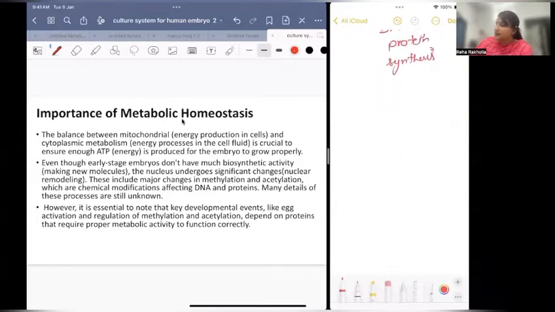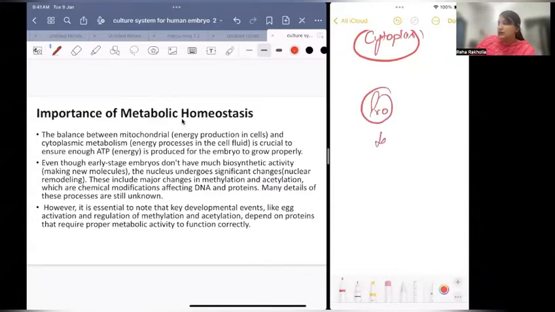Now, there should be balance between mitochondrial and cytoplasmic metabolism. Like we talked before, from the pronucleated oocyte, which is quiescent, to the highly active blastocyst.